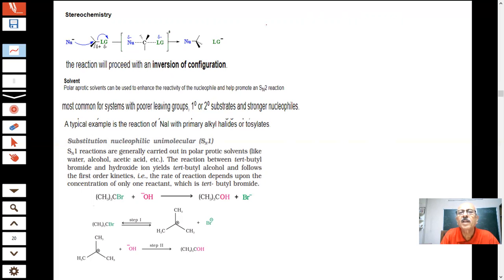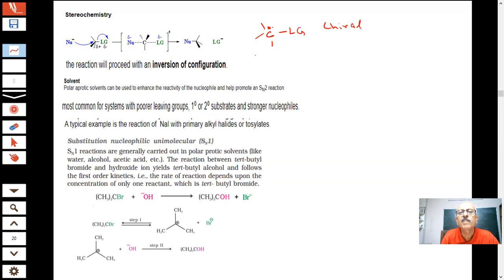If this carbon, I'm saying, this is a leaving group, it could be F or Br. If this is attached to different groups here, all 4 groups are different, this carbon is chiral, we will tell you what is chiral. Then what will happen? You can see that the nucleophile is coming from the backside and the leaving group is leaving from this side.